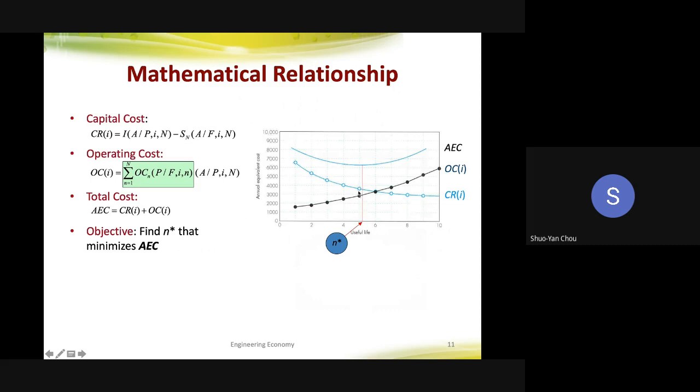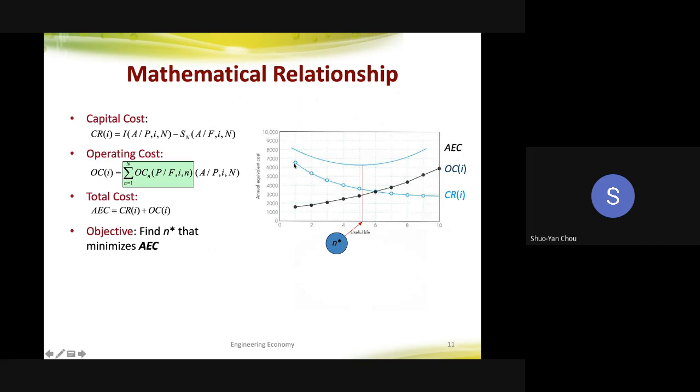We should be able, if we add the two together, to get this curve. Chances are we can find a point where the addition of these two values gives us the lowest annual equivalent cost. Because later, when this curve goes up at a speed faster than the decline of the sharing of the capital cost, then we should stop earlier, right?